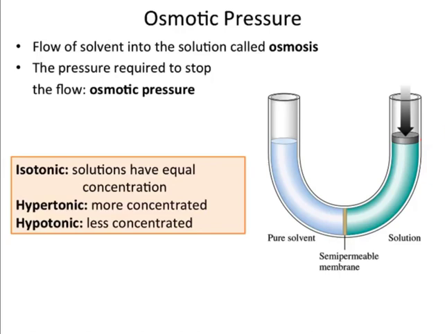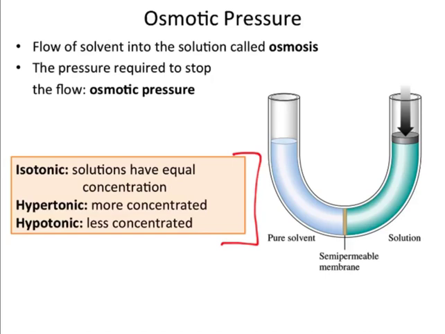All right, some definitions here: isotonic, hypertonic, or hypotonic tell you about relative concentrations in regards to osmotic pressure. Isotonic solutions have equal solute concentrations, so if you put them in contact with each other through a semipermeable membrane, there won't be any solvent transfer through this membrane.